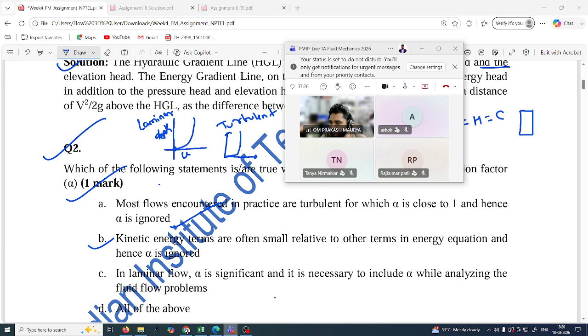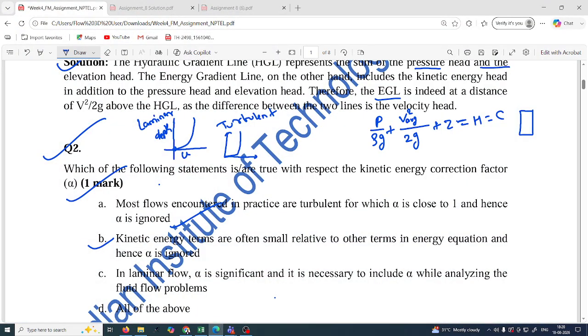Someone is disturbing, but no issue. So here the important thing is that you are going to average the things. When you average, at the place of zero velocity you are going to provide the average velocity, and at this low velocity here also you are going to write the average velocity.